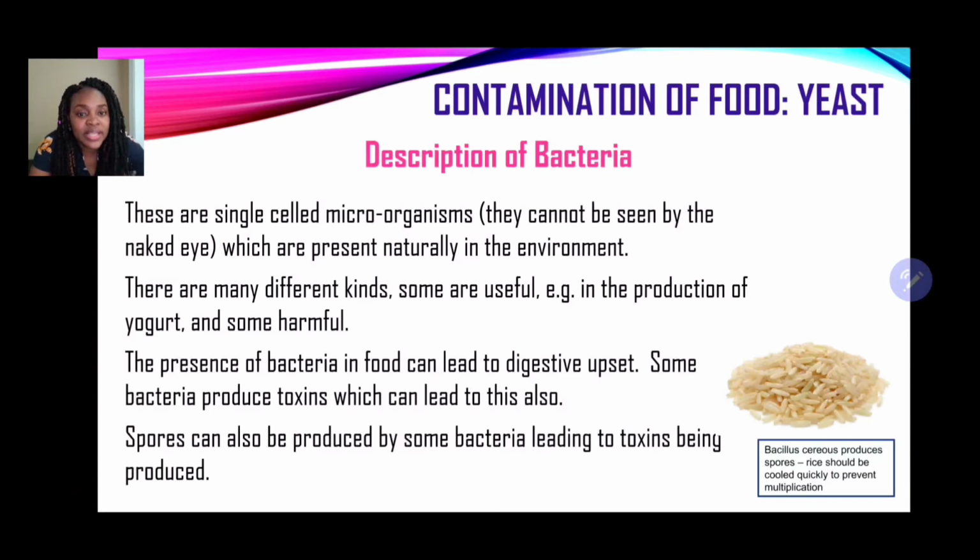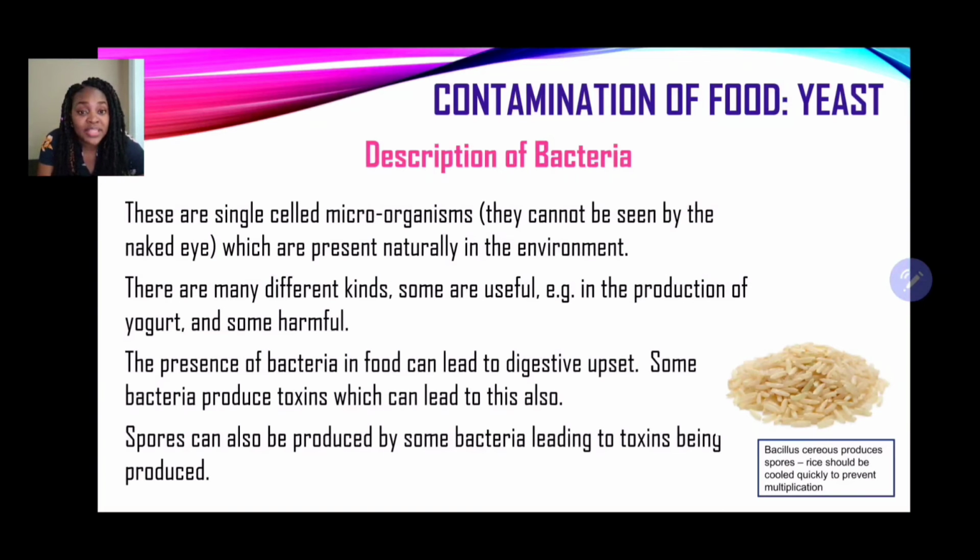So the presence of bacteria in food can lead to digestive upset. So persons may start feeling cramps in their stomach. There may be diarrhea, vomiting, nausea, fatigue. All of those are signs and symptoms of persons who may have food poisoning or a foodborne illness, right?